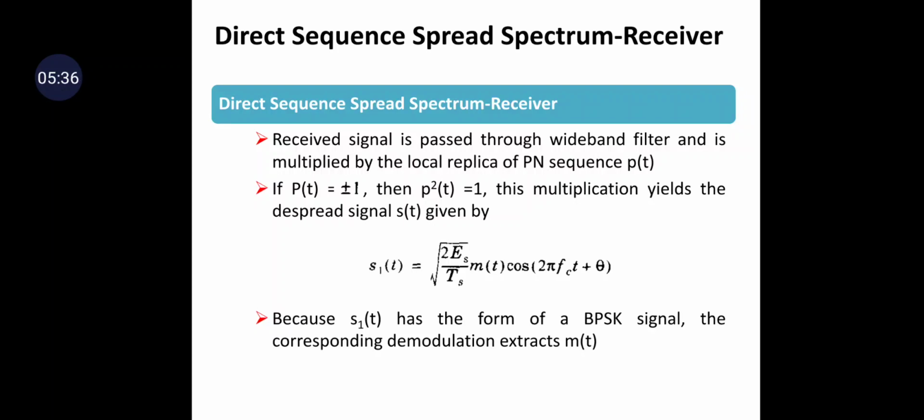If p of t is plus or minus 1, then p squared of t is equal to 1. This multiplication yields the despread signal s1 of t, given by the expression below. Since s1 of t has the form of a BPSK signal, the corresponding demodulation extracts the message signal, that is m of t.